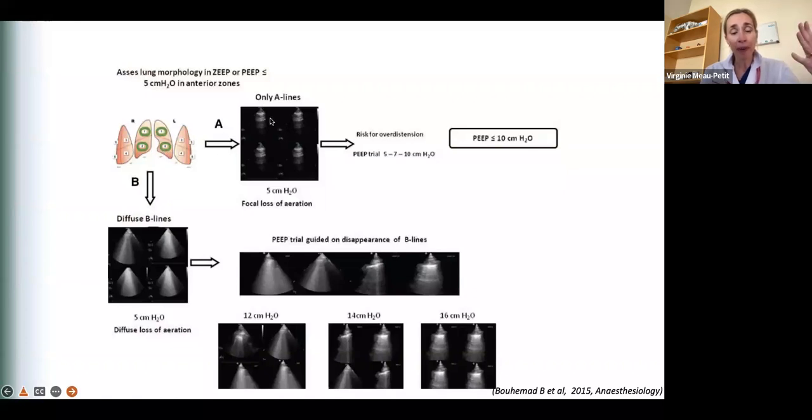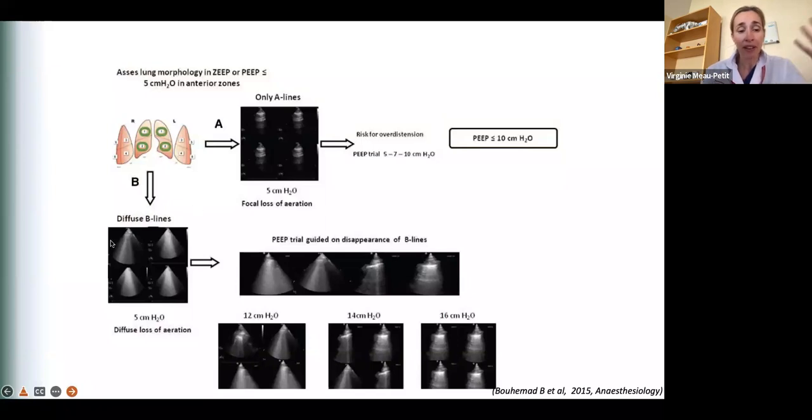If you have a patient with respiratory deterioration and only A-lines in the anterior zone, you probably have focal loss of aeration in the back, a heterogeneous lung, and you have a high risk of overdistension. So your increase of PEEP must be very slow and limited.